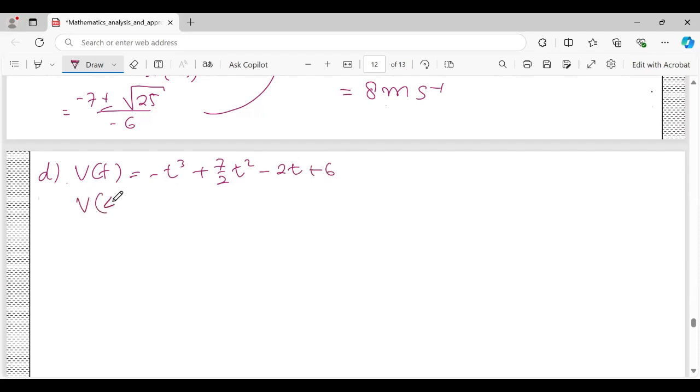If time equals 4, it will be minus 4 cubed plus 7 half 4 squared minus 2 multiplied by 4 plus 6. And if you calculate, it becomes 10 meters per second.